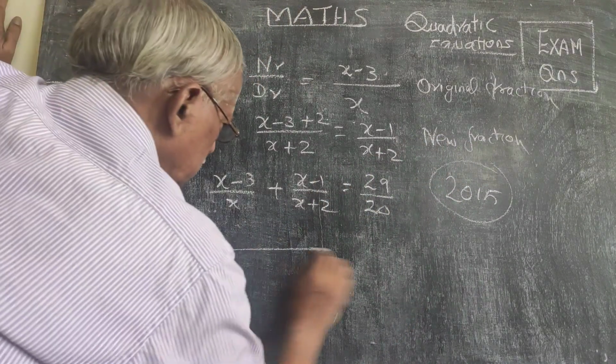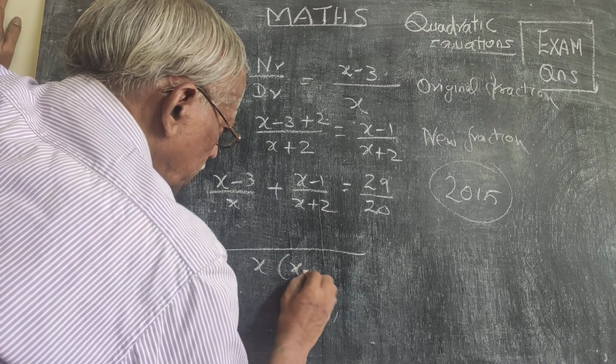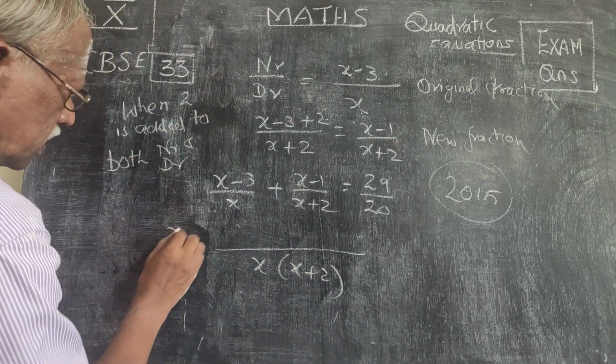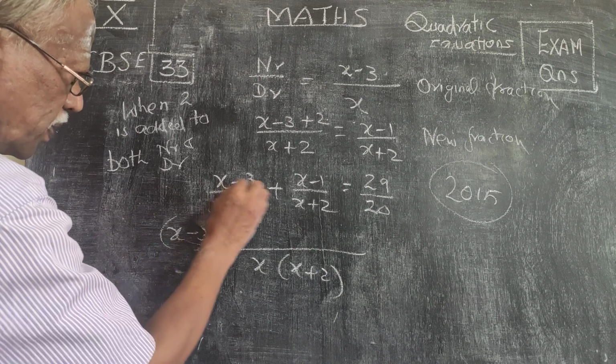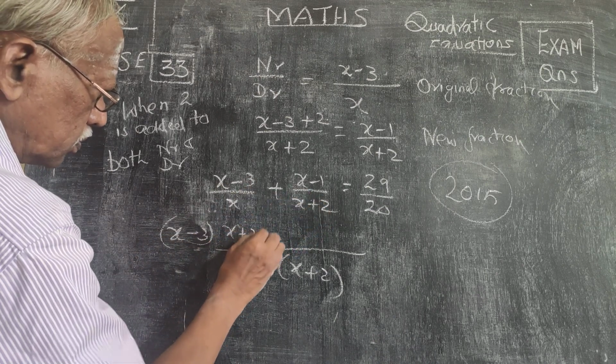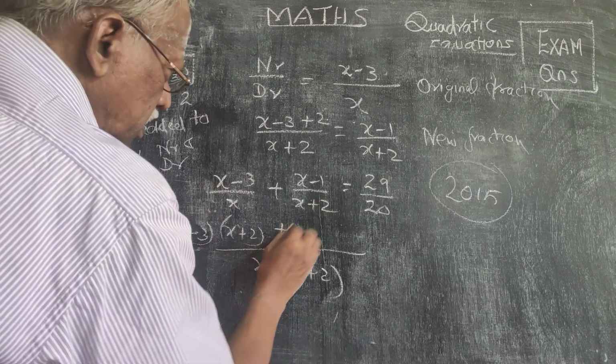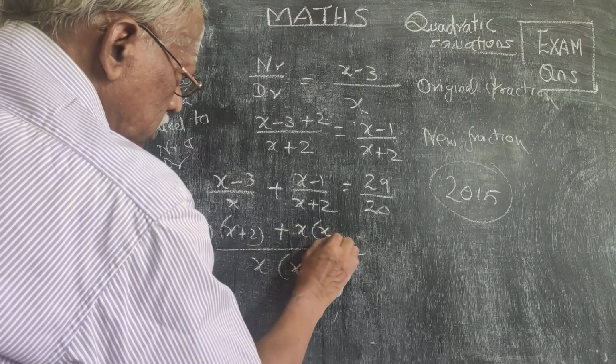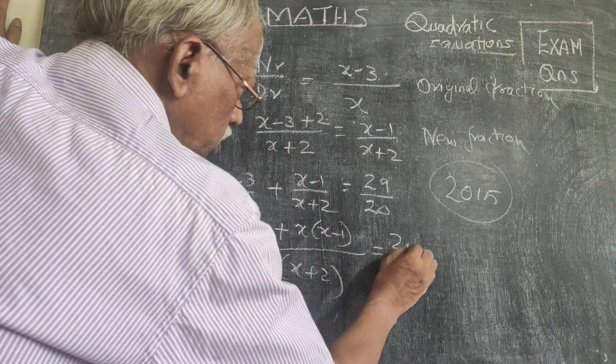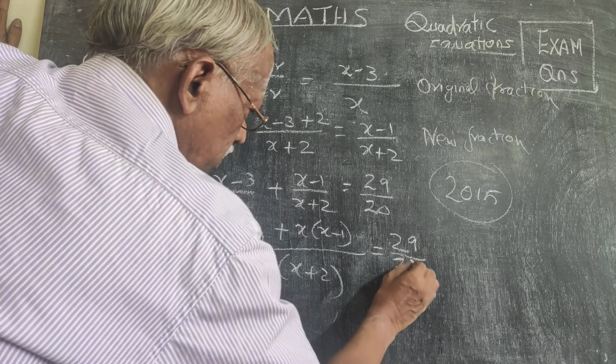Now take the LCM for this, that is x into x plus 2. The result is x minus 3 into x plus 2, and here x into x minus 1, equal to 29 by 20.